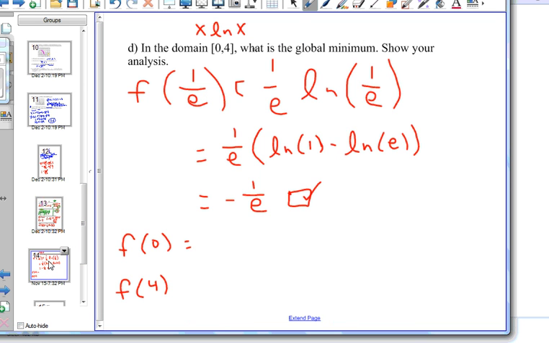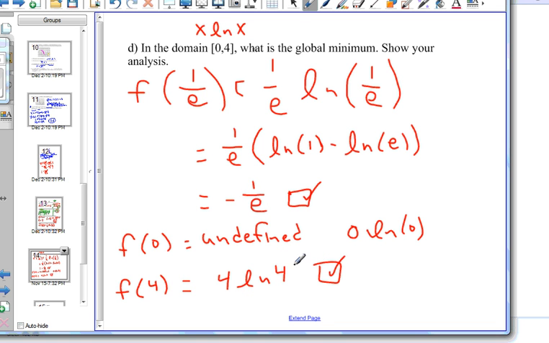Yeah, so f of 0 is undefined because putting 0 in, we'd have 0 times ln of 0, and ln of 0 is undefined. And then at 4, we'd have 4 ln of 4, and that's a pretty big number. Well, not huge, but certainly bigger than a negative number.